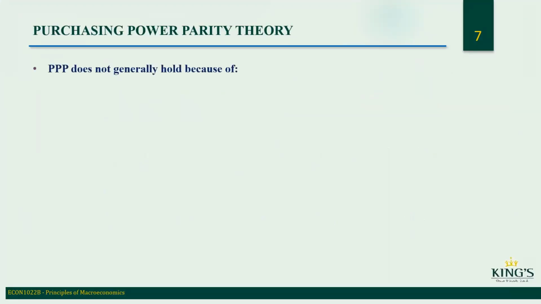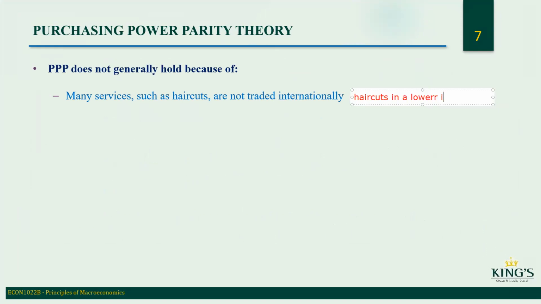So purchasing power parity does not generally hold because many services, such as haircuts, are not traded internationally. Haircuts in a lower income nation would be cheaper than haircuts here because we cannot trade them.